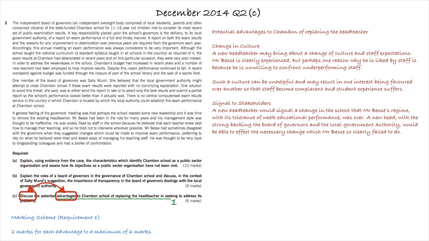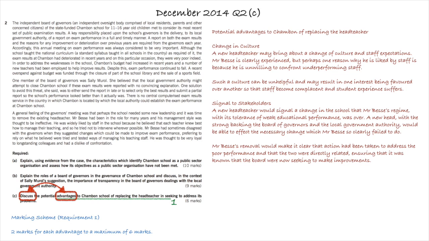So it would send that signal, and related to that, it would make clear that action had been taken to address the poor performance, and that the two were directly related, the removal of Mr. Bess and the change. So ensuring that it was known that the board were seeking to make improvements.